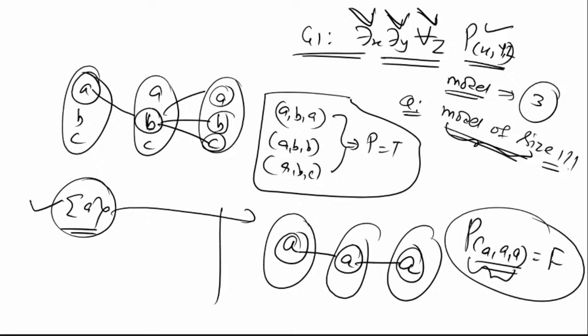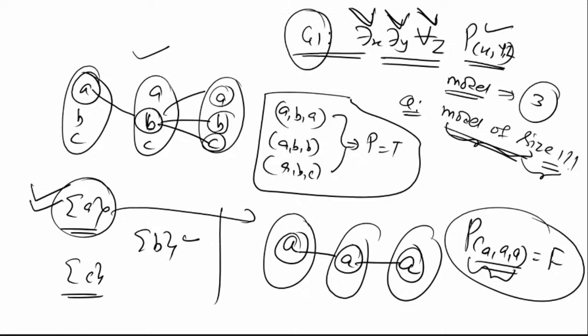That's how you can see that in this scenario we cannot guarantee that there will exist a model of size 1. Whatever single element domain you take, we cannot guarantee that we have a model of size 1. Okay, so that is the point.